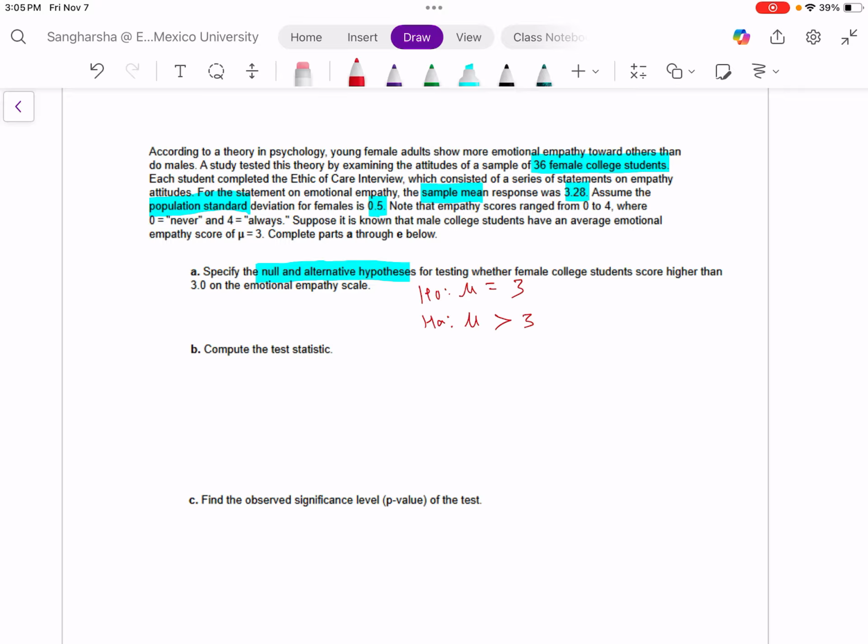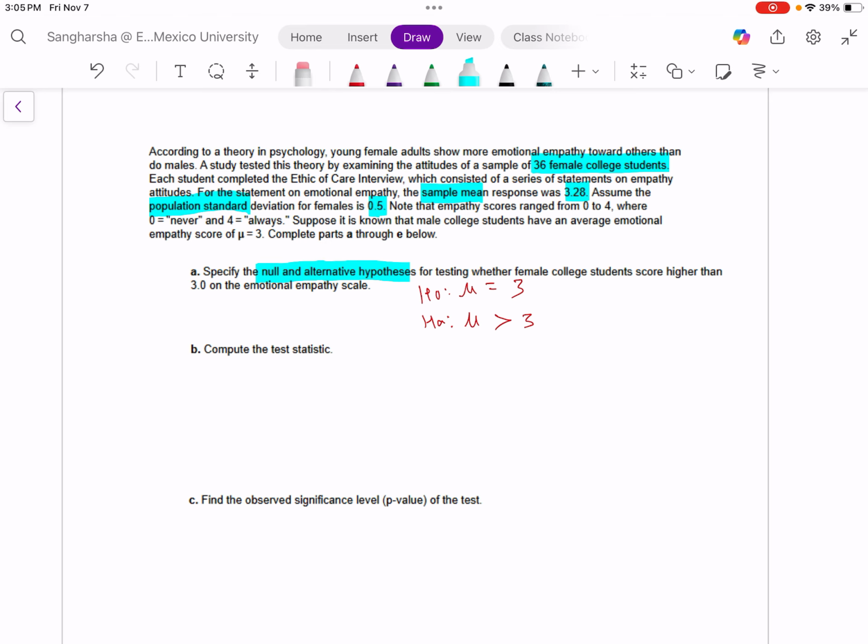The next step is to compute the test statistic. Our sample size is 36, which is large enough, and our parameter is mu.